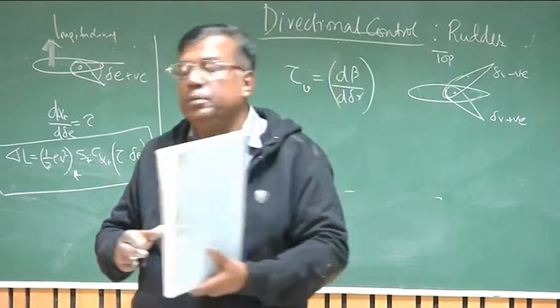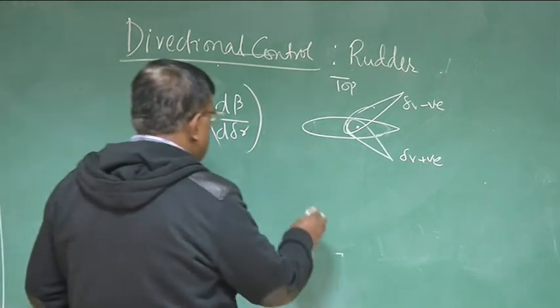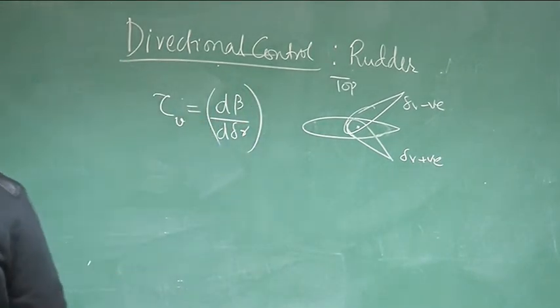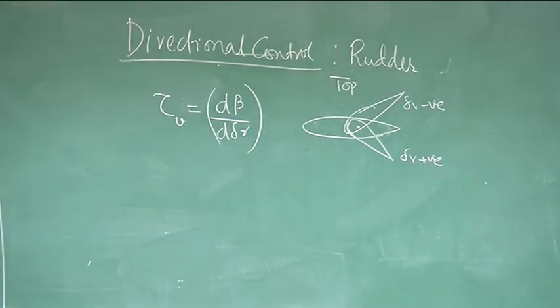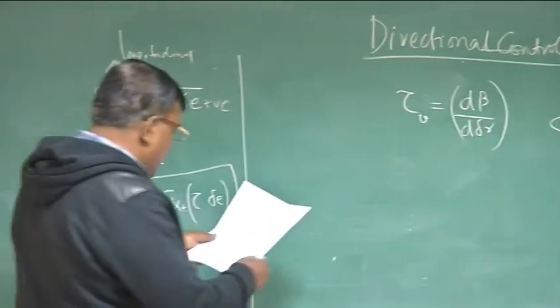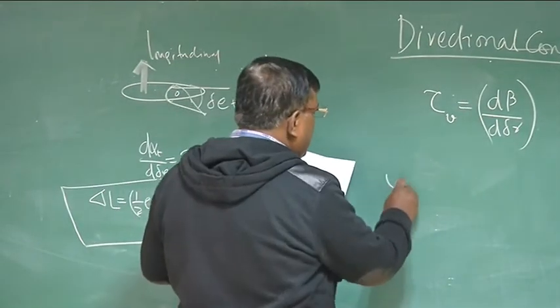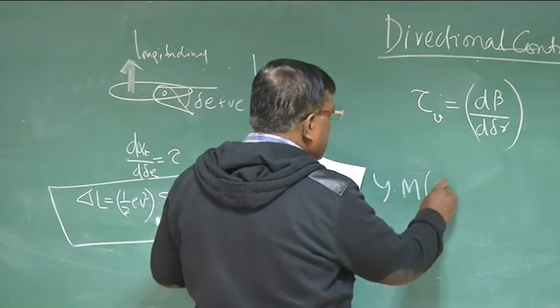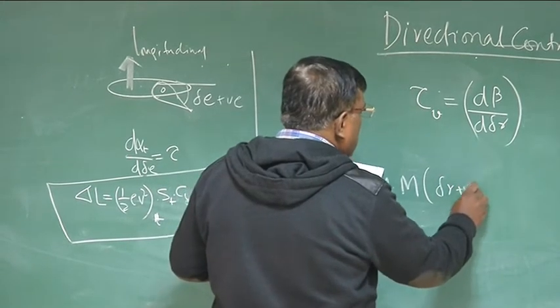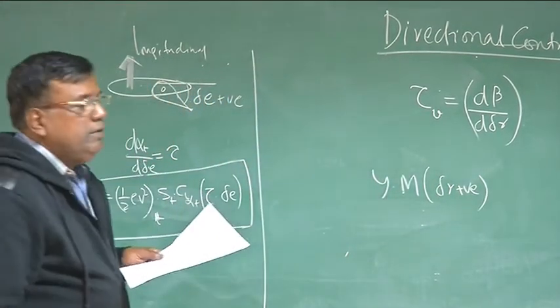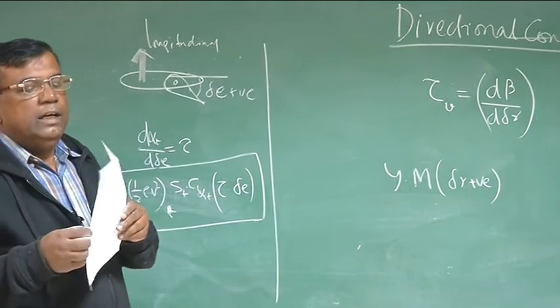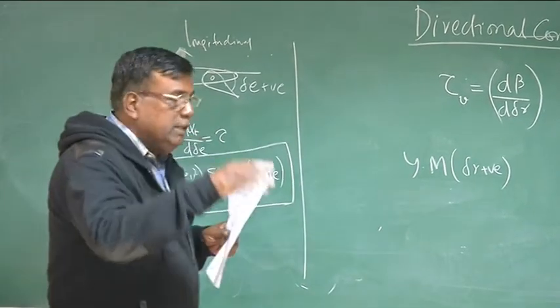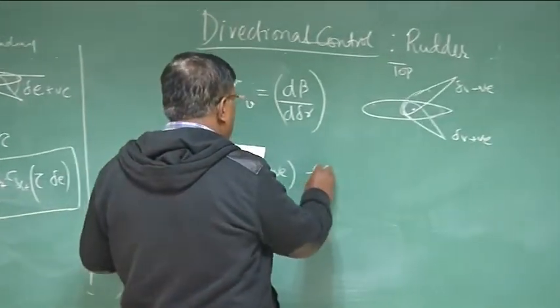That you should remember. If this is delta r positive, we are trying to calculate the rudder control power. We are now experts because we know how we calculated it here. So what we will write is the yawing moment because of delta r positive. What is delta r positive? It means the rudder going towards left as I am flying like this. This will be equal to force.